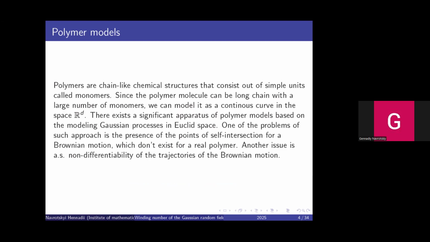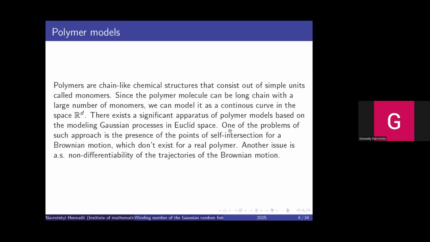Since these molecules can be very long, consisting of a very large number of monomers, they are often modeled as continuous curves in space R^d, and in particular polymers in a random environment are often described as trajectories of a Brownian motion in the space R^d.